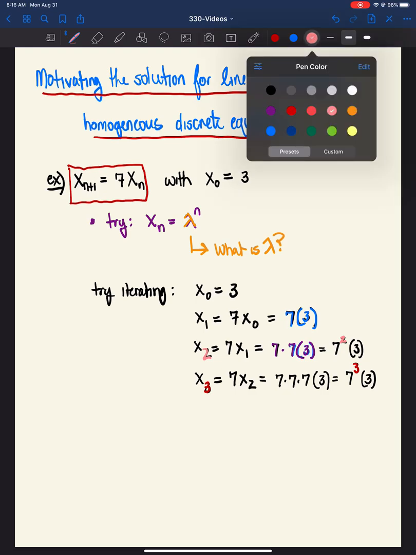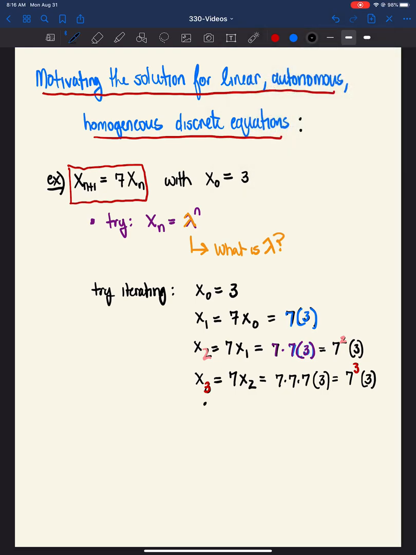And if we kept going, you would see this pattern keep going. If we're looking at the nth value, we could just keep this iteration process going and see that this would equal 7 to the nth power times that initial value of 3.